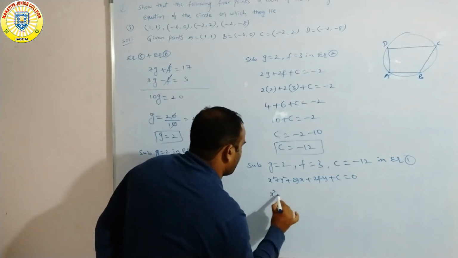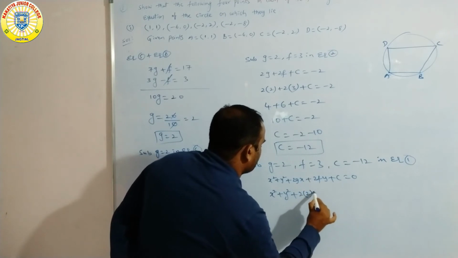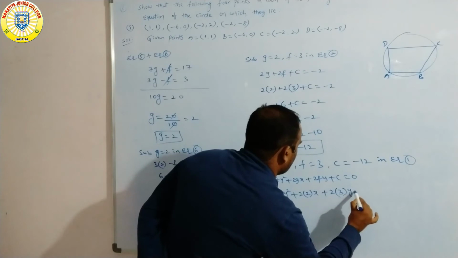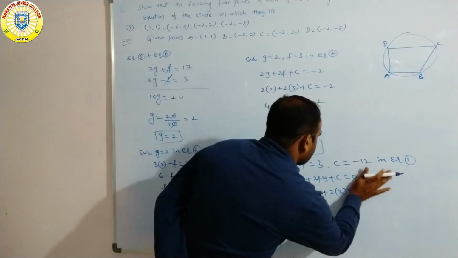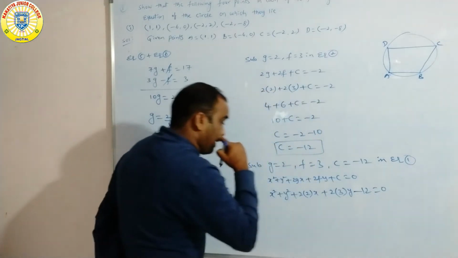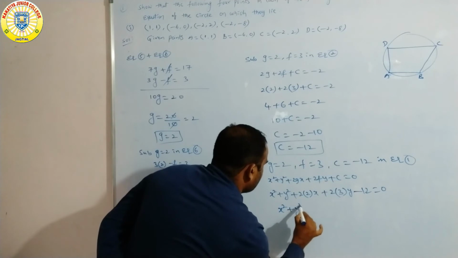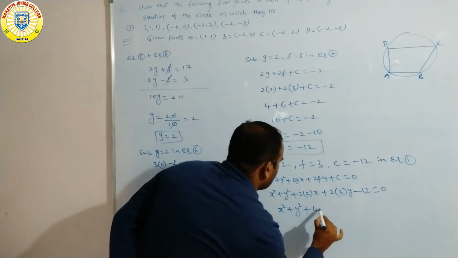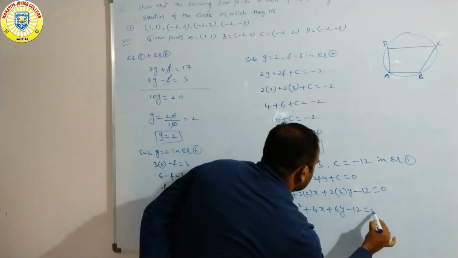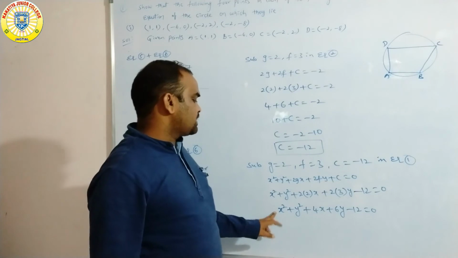Here x square plus y square plus 2 into 2 into x, plus 2 into 3 into y, plus c, minus 12 equal to 0. That is nothing but x square plus y square plus 4x plus 6y minus 12 is equal to 0. This is the required circle.